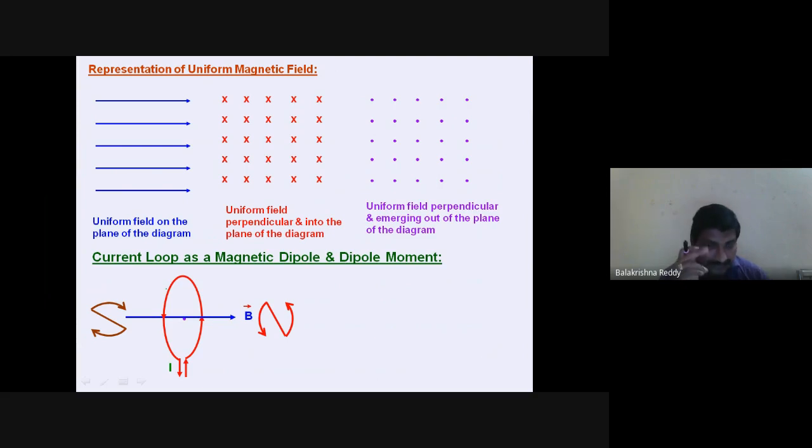With respect to my view, if the current is anti-clockwise, are you able to see my hand? Yes, sir. This is anti-clockwise for me, so here I describe the pole of the magnet as north. If this is north, with my view the other side automatically becomes south.